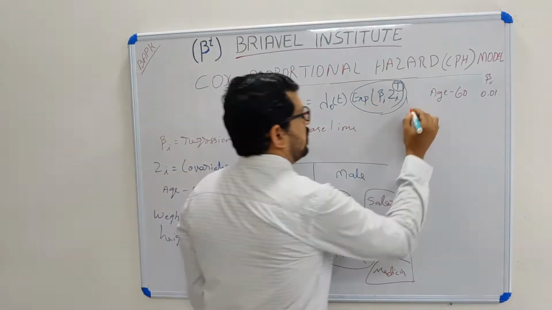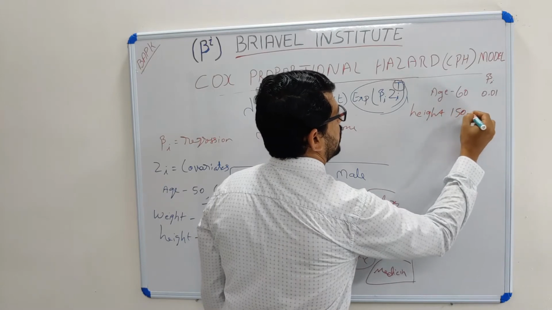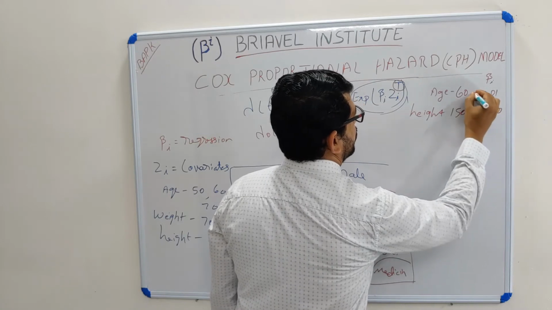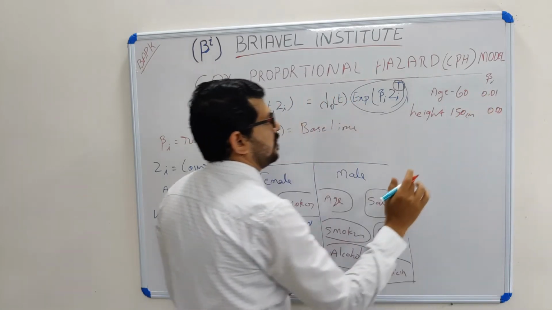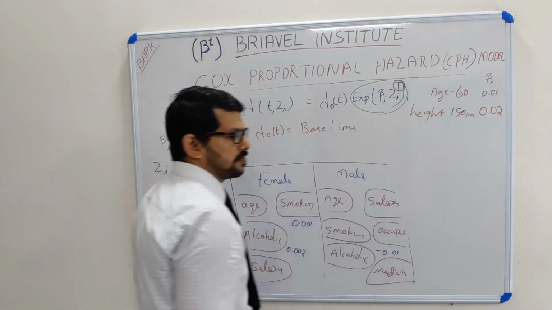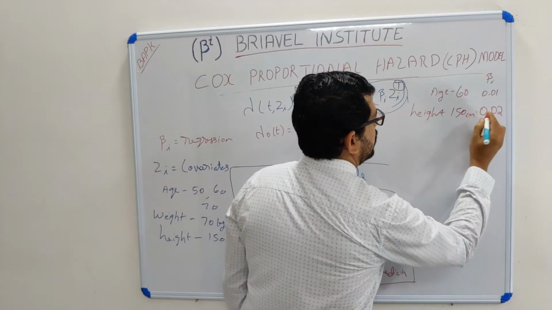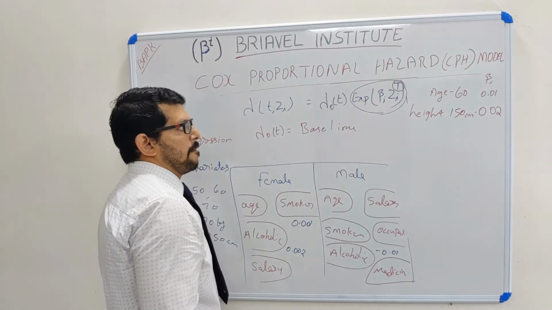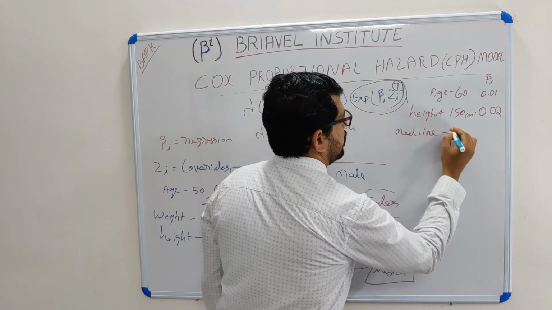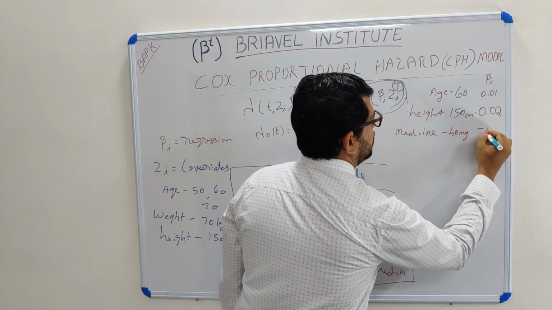Height is equal to 150 centimeter and the regression parameter is 0.002. This person is taking medicine, 40 mg every day. This regression parameter is minus 0.02.